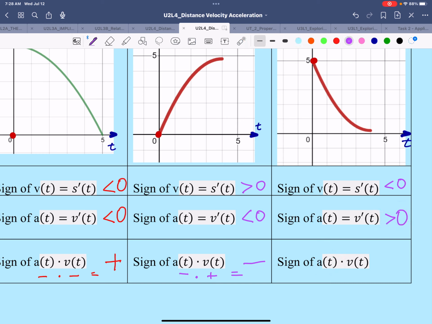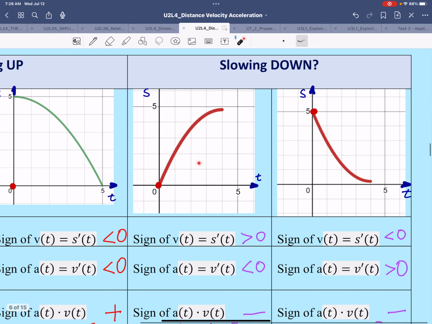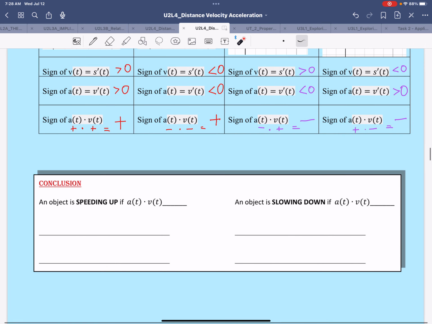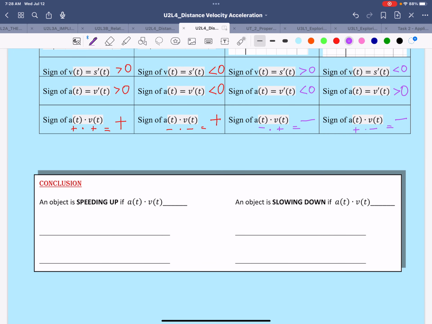So the product of a positive with a negative will be negative. So what velocity and acceleration have in common in a slowing down process is that the product is negative.